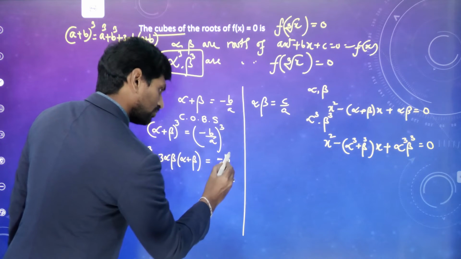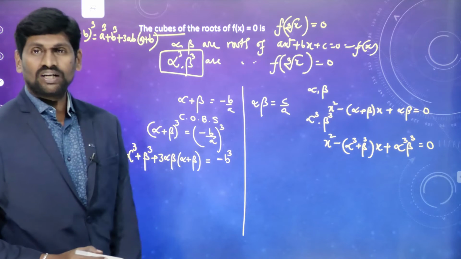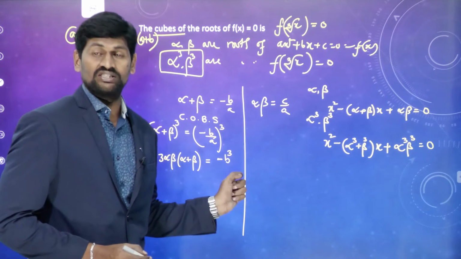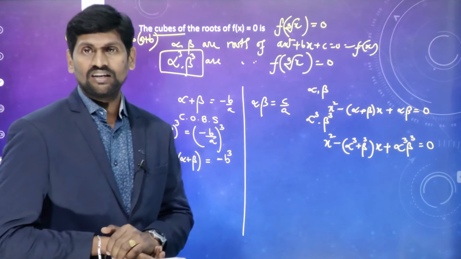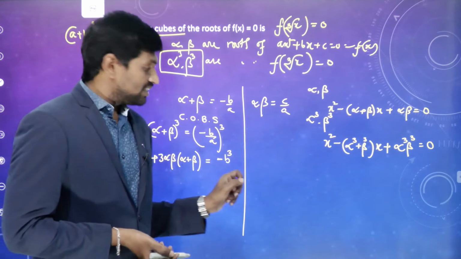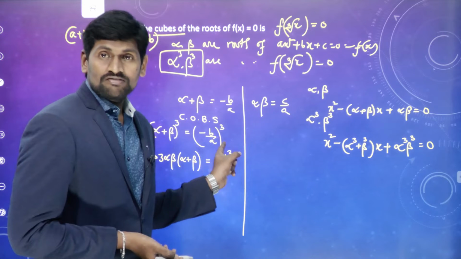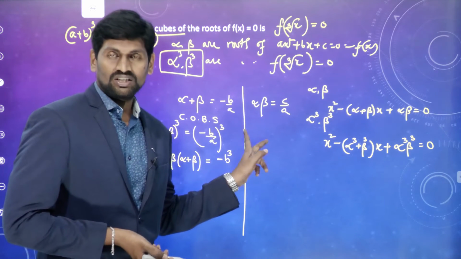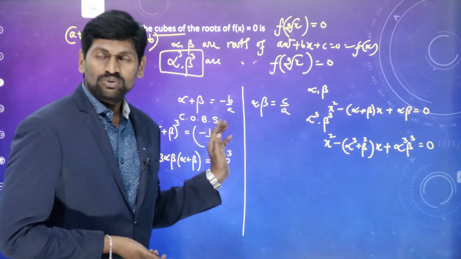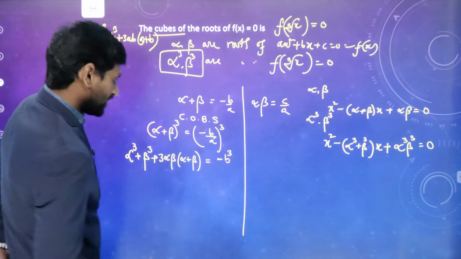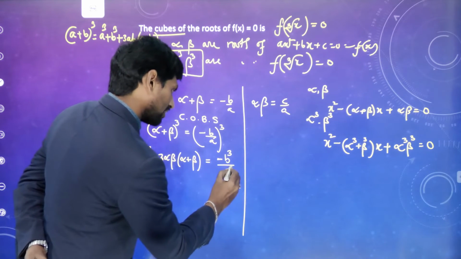Minus b whole cube is minus b cube, because when the power is an odd number, the minus remains unchanged. But if the exponent is an even number, then negative numbers become positive. But when it is a cube or odd power, negatives remain negatives. Okay? So minus b cube by a cube.